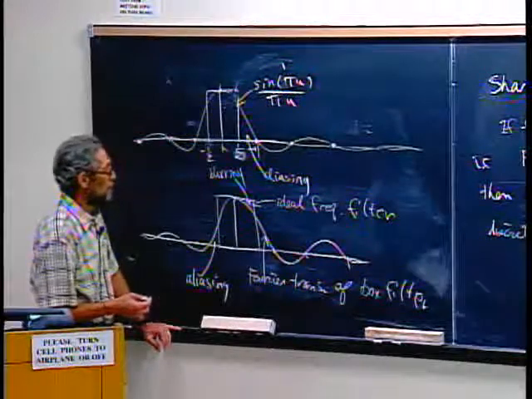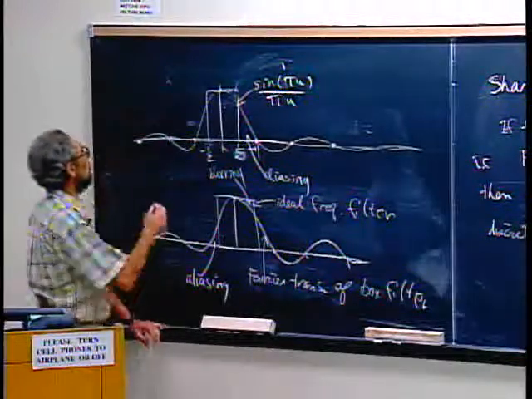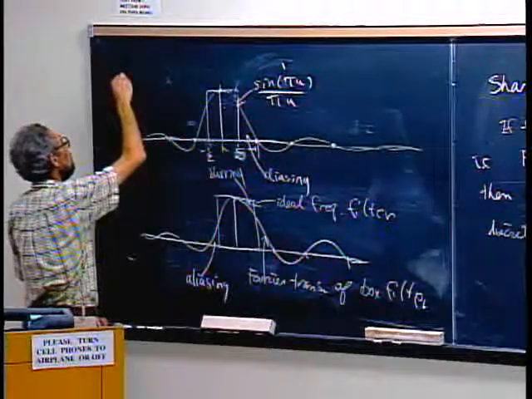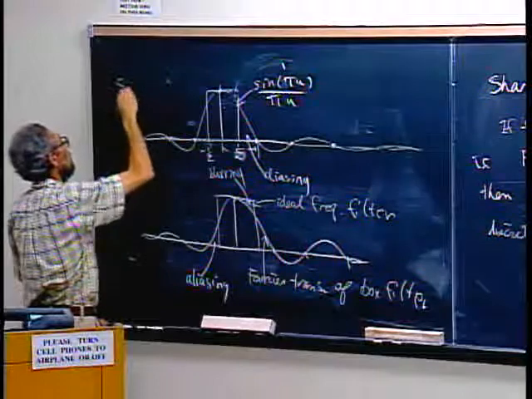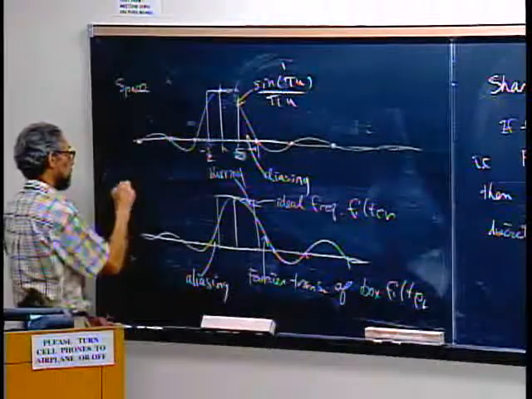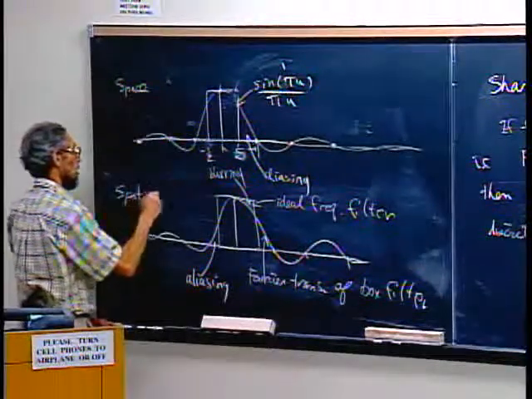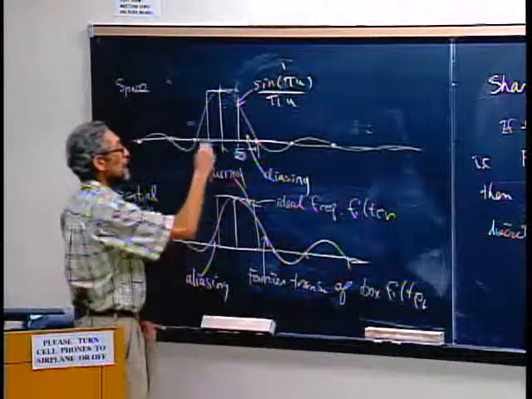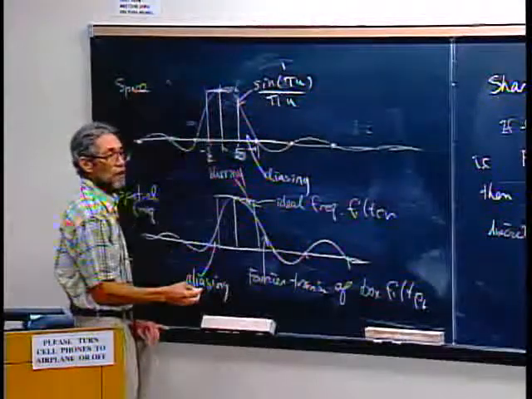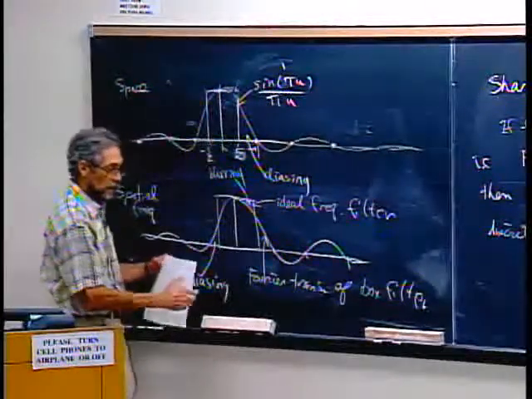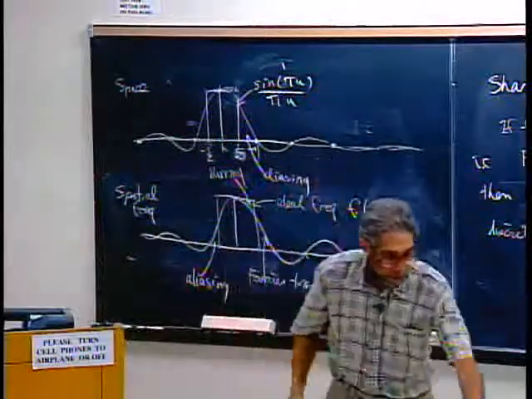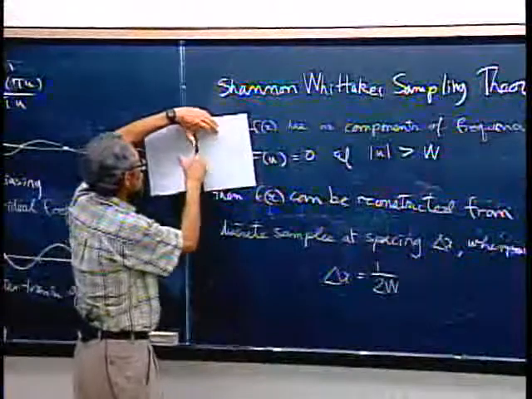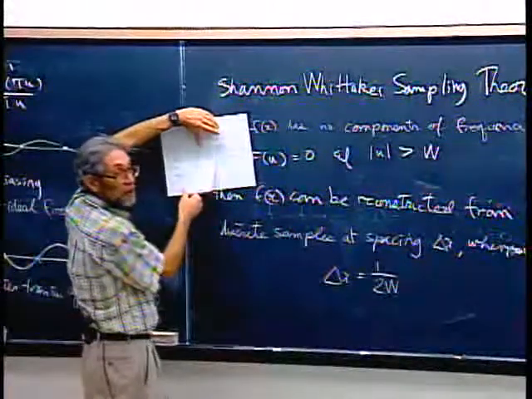But you can do better than that. One thing people do, this is space, and this is spatial frequencies. Suppose you take the convolution of this square with itself. If I think about it, I have this square, and now I want to take a moving filter where I multiply the two of these and integrate.